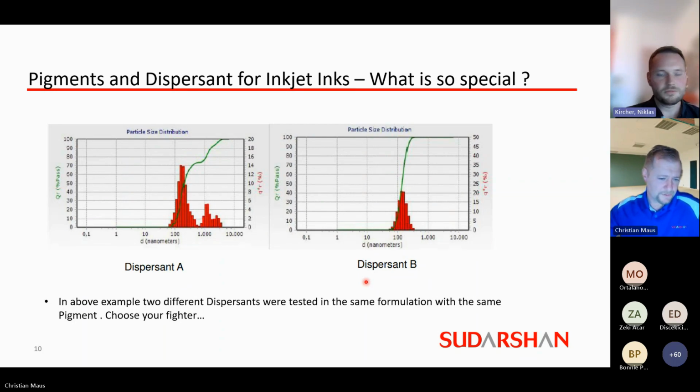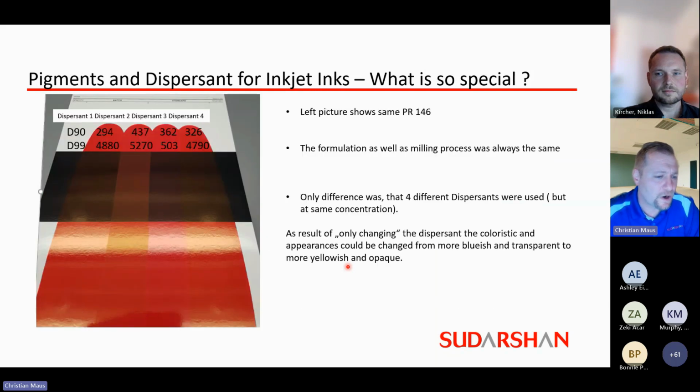And that saves time and energy, which is, look at the energy costs at the moment, of course, an important thing. So obviously, if you would have to choose your fighter here, in this case, you would clearly go with this person B. And on the next slide, I would like to show you the influence on the optical appearance.